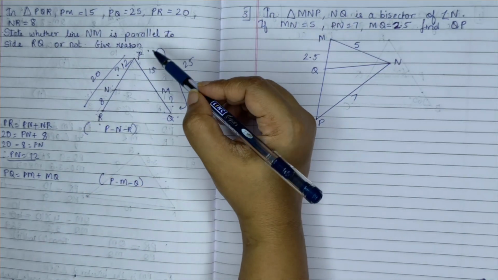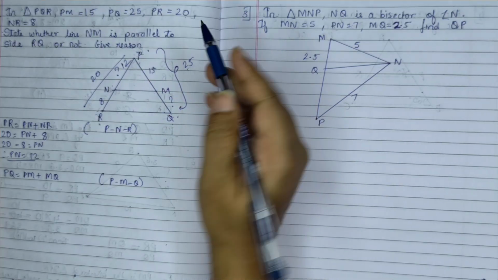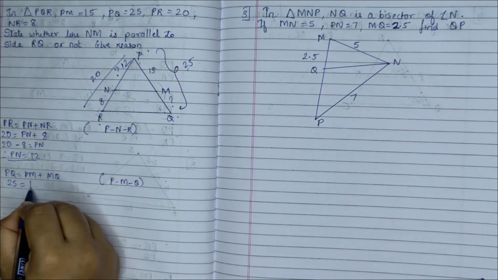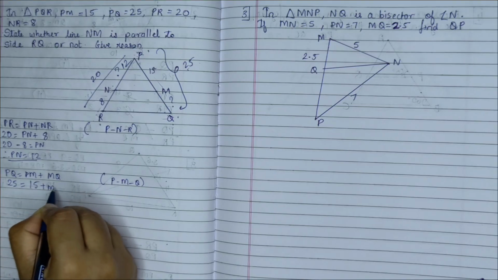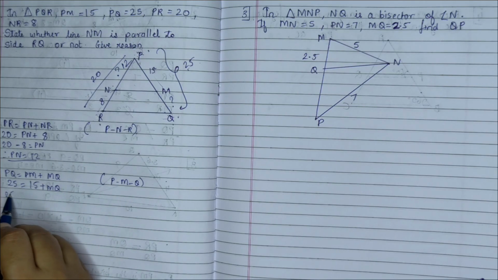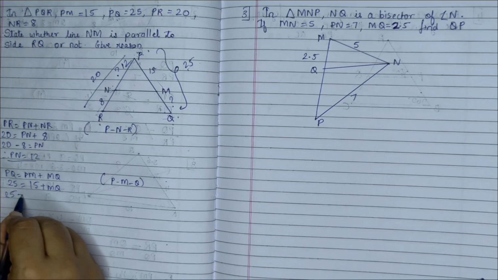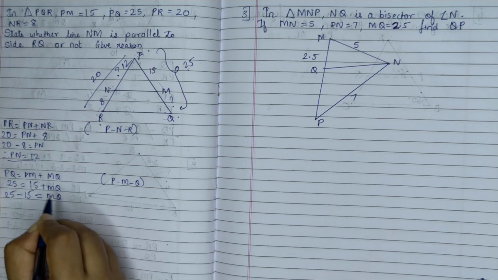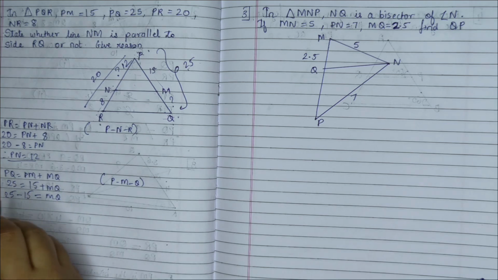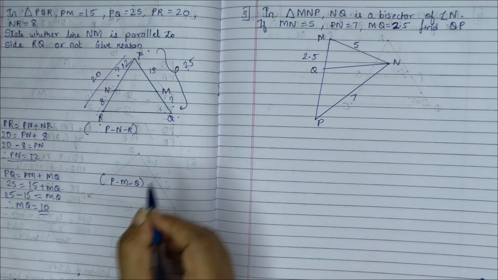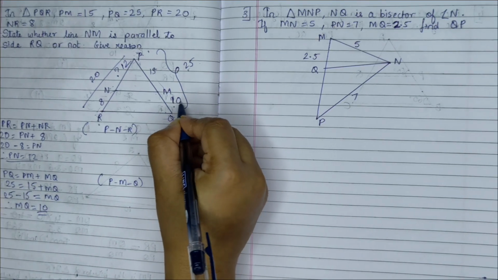Now put the values in it. PQ, the whole thing, is 25 here. PM is 15. And MQ we don't know, so keep it as it is. Okay, now here 25 will be as it is, 15 bring it over here, on the left hand side it will become minus 15 is equal to MQ. 25 minus 15 will be 10. So therefore MQ is equal to 10. So the value of MQ we got is 10.